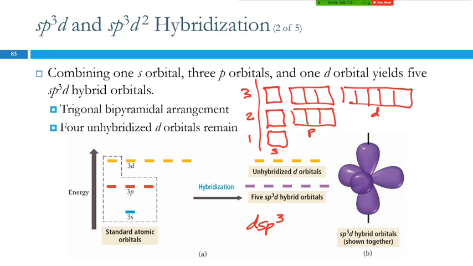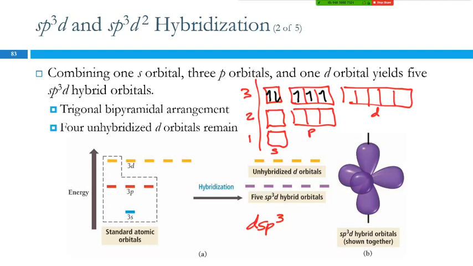So let's maybe use sulfur as an example. Sulfur has 1, 2, 3, 4, 5. Let's use phosphorus.